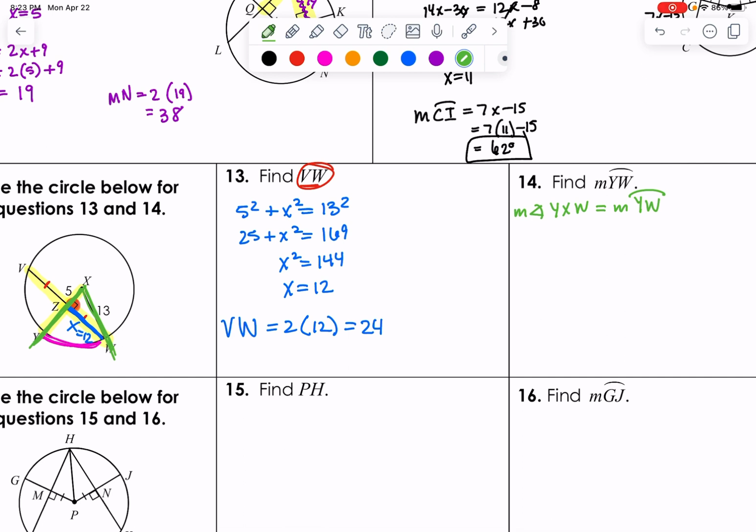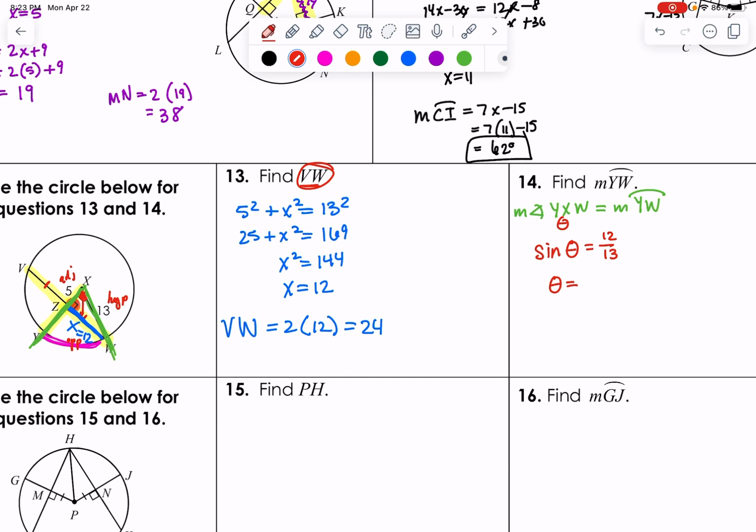So how can I find that angle? That angle, this is opposite, hypotenuse, and adjacent. So I can say that the sine of theta, because I'm going to call this theta, is 12 over 13.